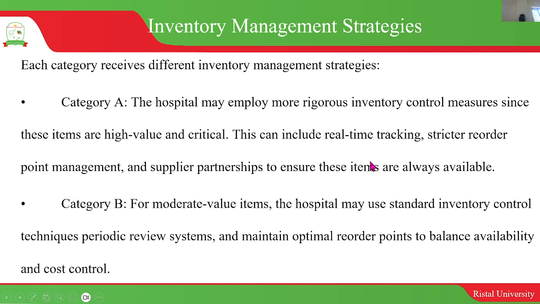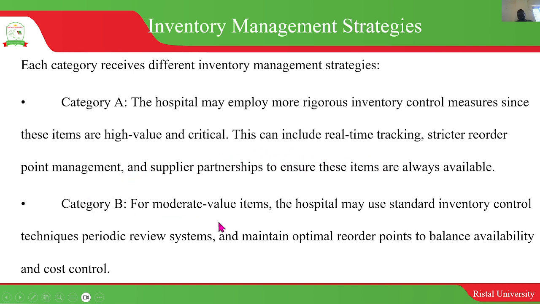So what we can do here is make sure that we have a rigorous system of handling the supply of category A items. Otherwise, we might encounter a heavy loss and also heavy spending at the same time.